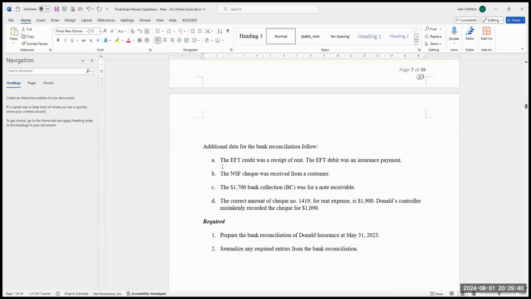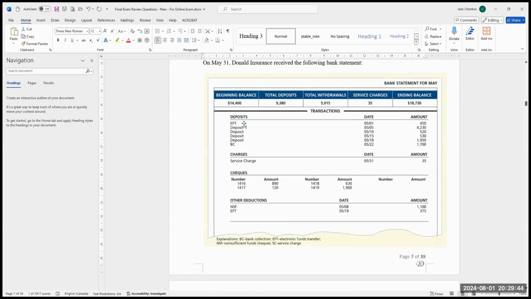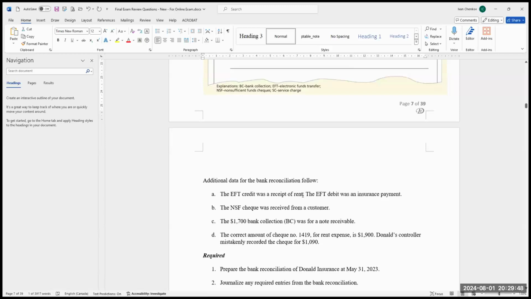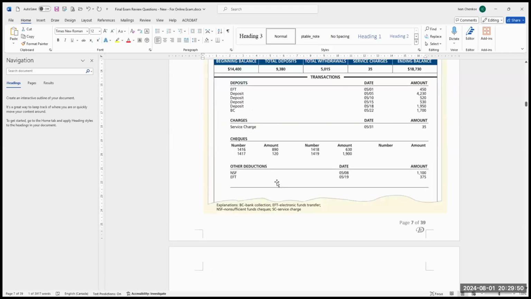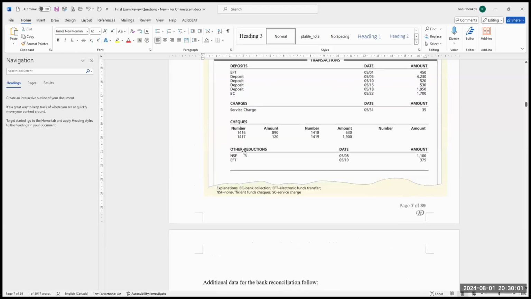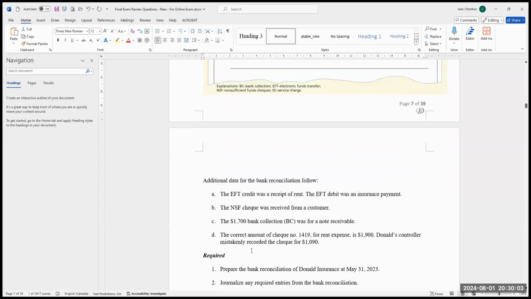Additional information: one of the electronic fund transfer credits, the first one, is related to rent. The electronic fund transfer debit on May 19 is the insurance payment. A non-sufficient fund check is received from the customer, so that means accounts receivables.